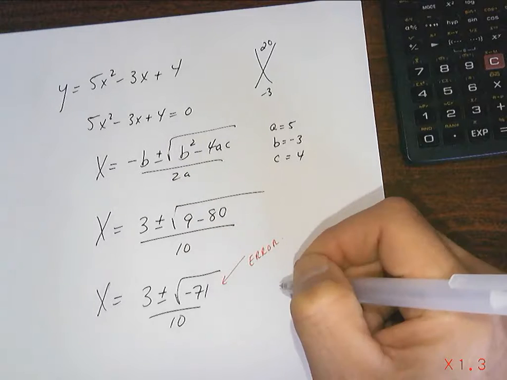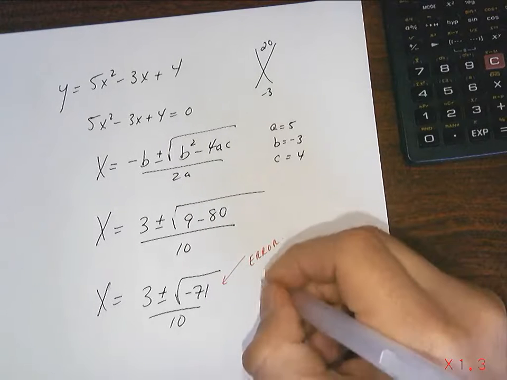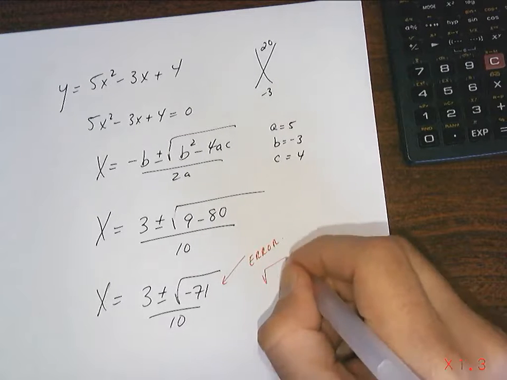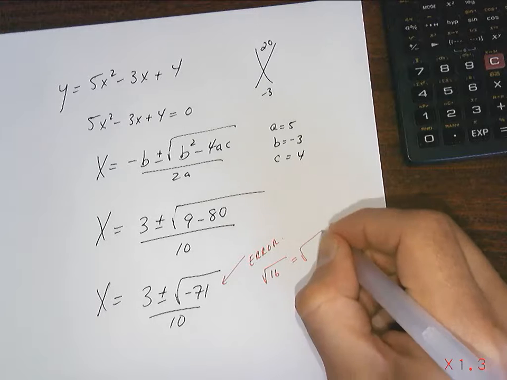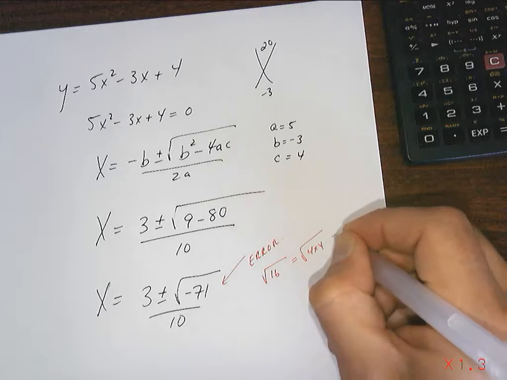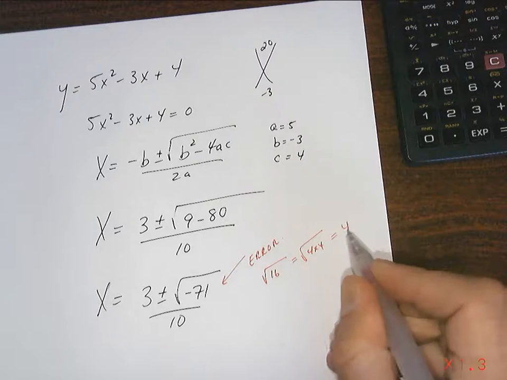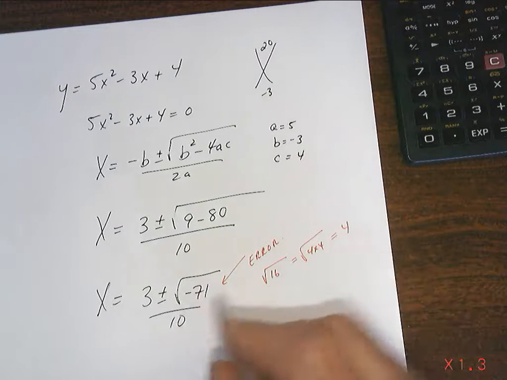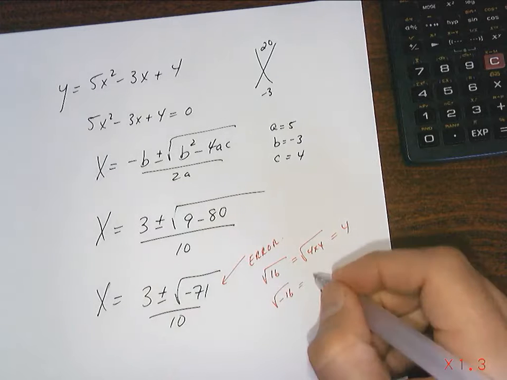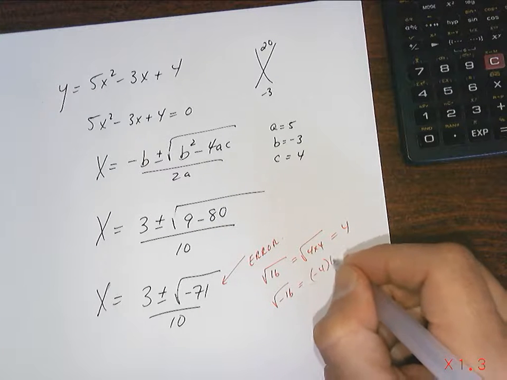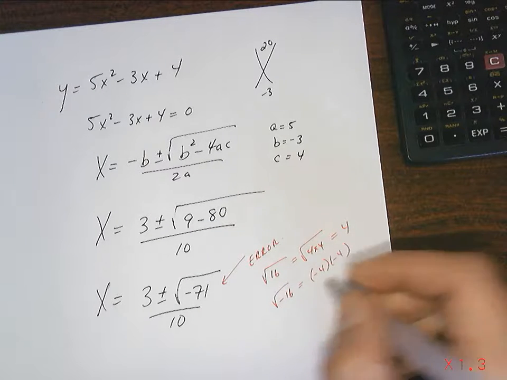The reason why you can't do that is because when you do the square root of something, like the square root of 16, you're looking for a number that multiplies by itself, so there's two of them, to give 16, and that's 4. Well, the problem is, if we try to do negative 16, that's not going to work, because a negative 4 times a negative 4 gives me a positive 16, which isn't what I want.